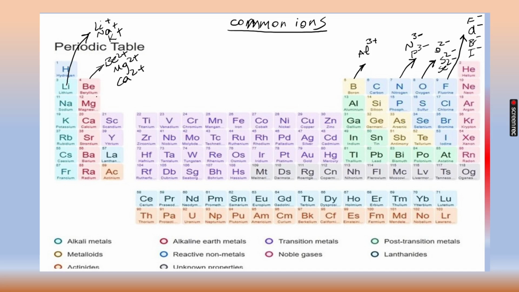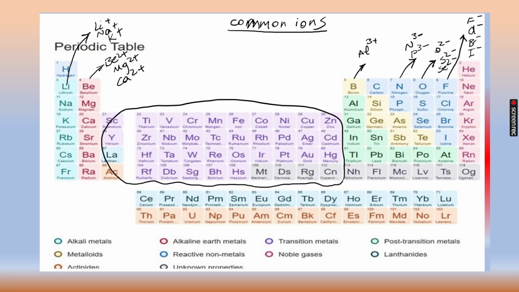And between group 2 and group 3 or 13, we have the transition metals, this part. They can create some ions, and the most important one is zinc, Zn.